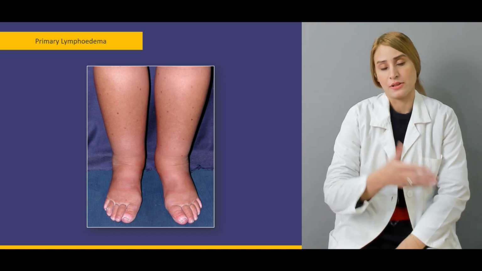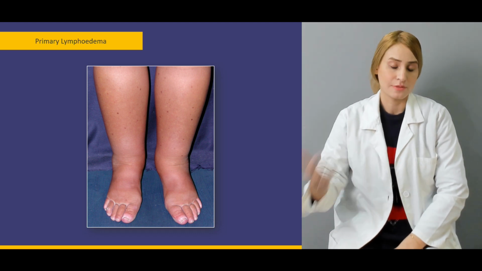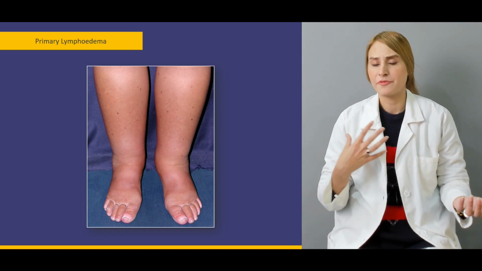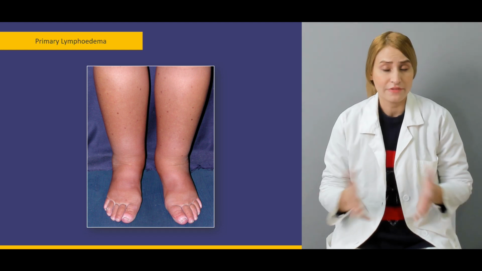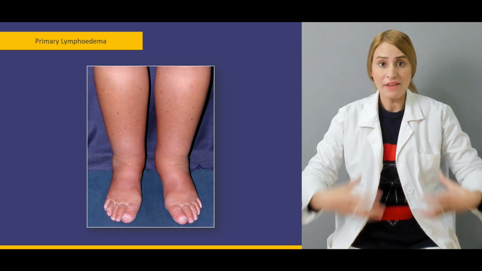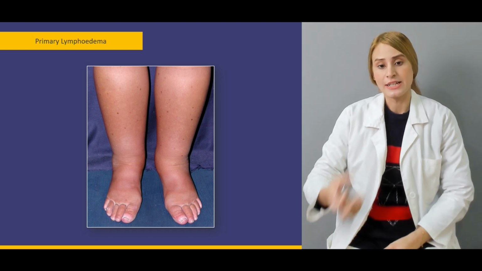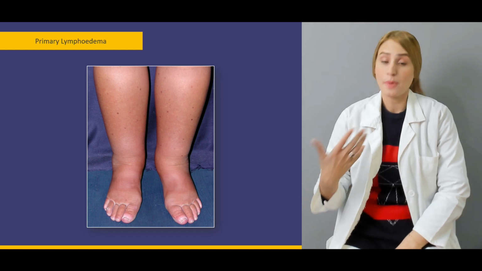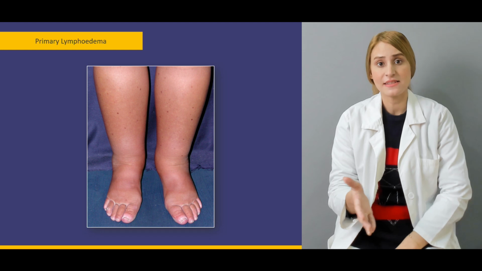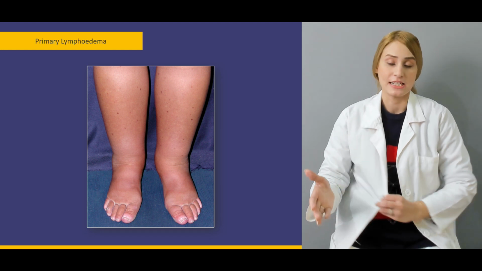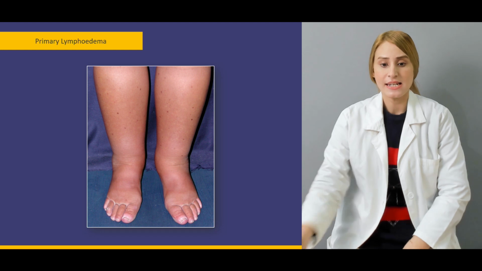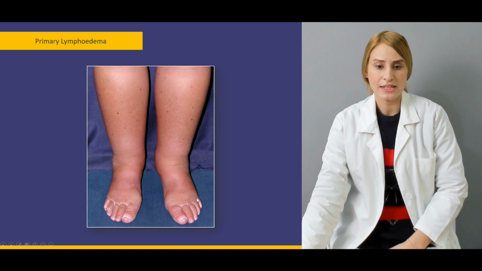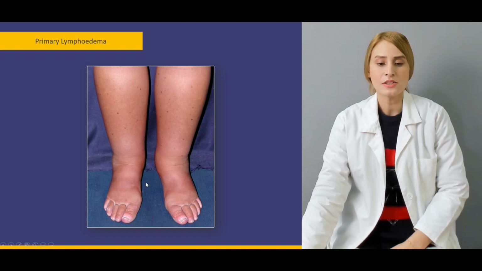Most of the time, you cannot ignore the factor of gravity, which is pulling the fluid into the lower limbs. So because of the effect of gravity, the lymphatic system of the lower limb is most commonly affected. In this diagram there are also skin changes, redness, and a swollen limb.